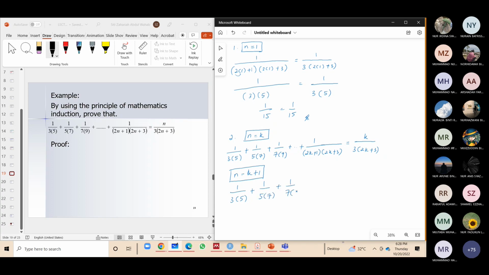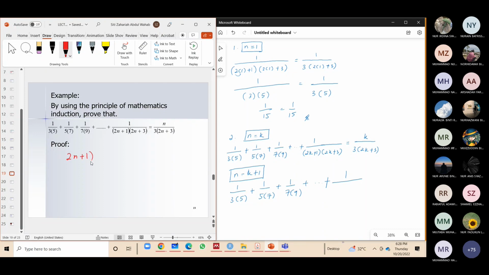over 7 times 9 plus 1 over, okay, this one is quite long. So I show you here. We have 2n plus 1, right? For the denominator, 2n plus 3. We substitute k plus 1 into n, it will be 2 times k plus 1 plus 1 here.